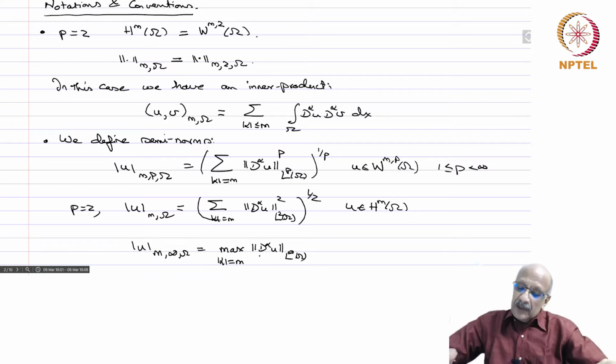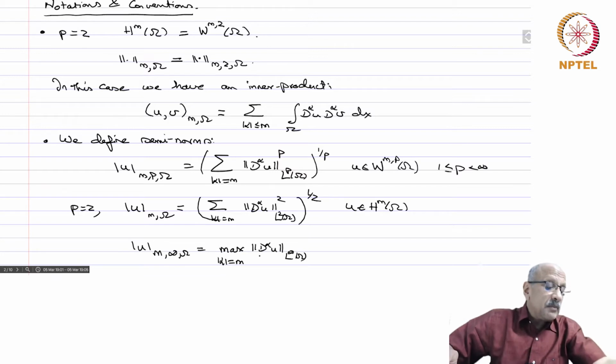So why are these semi-norms? They have otherwise all the properties of the norm, except when this quantity is 0, it doesn't mean that the distribution is 0, because if the first derivative is 0, for instance, then it's only a constant, and therefore you don't get that it's 0. So these are only semi-norms.